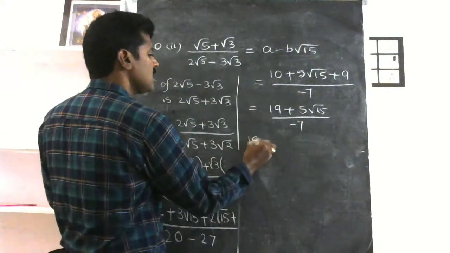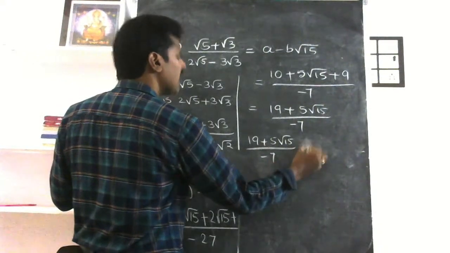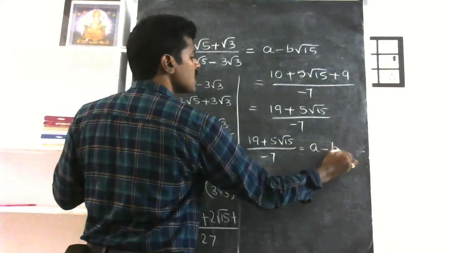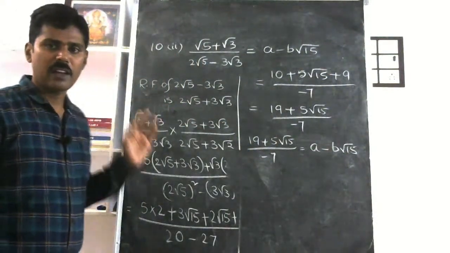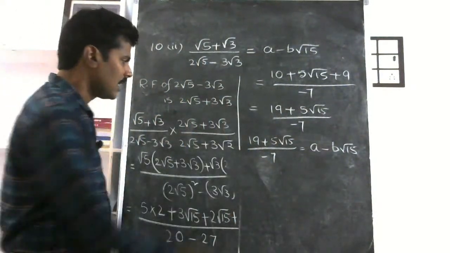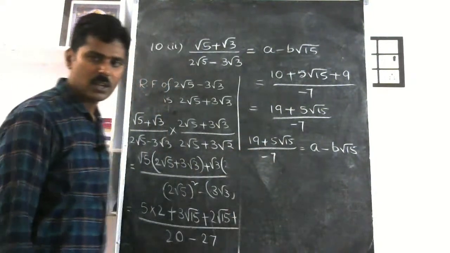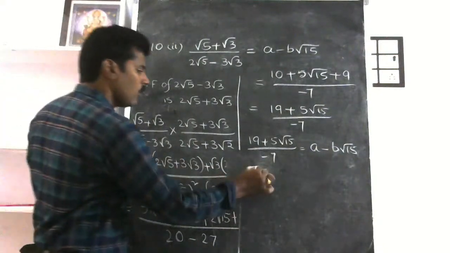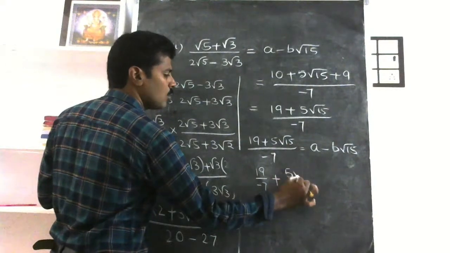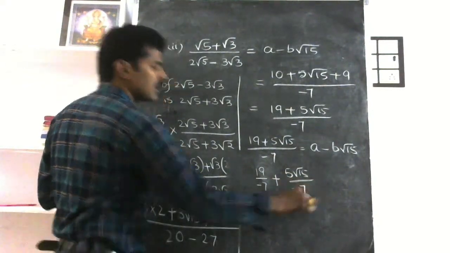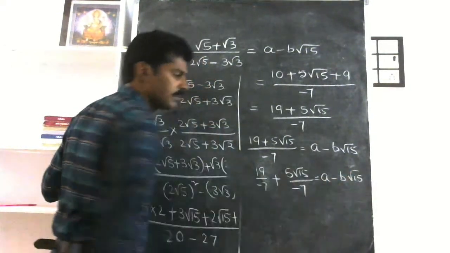See, (19 plus 5√15) by minus 7 should equal a minus b√15. Now I have to find a and b as rational numbers. If I go with a as 19 and b as 5, then what about minus 7? So first I have to separate. How? 19 by minus 7 plus 5√15 by minus 7 equals a minus b into √15.